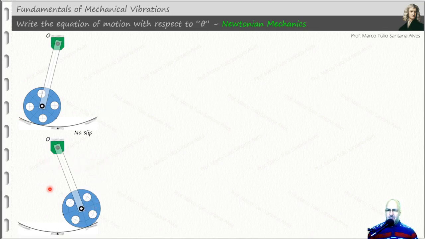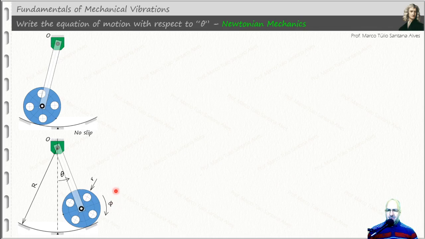This is a picture to show some parameters for this problem. Here, the vertical dashed line is the equilibrium position. The radius of the cylindrical track is capital R. The angle theta is used to describe the motion of the bar, and the angle phi is used to describe the rotation of the disc.